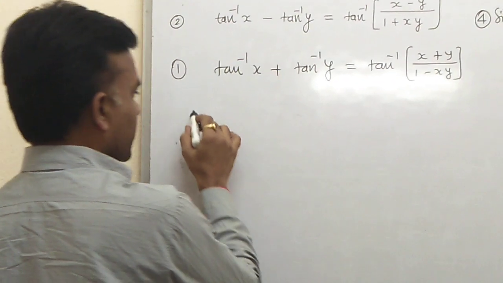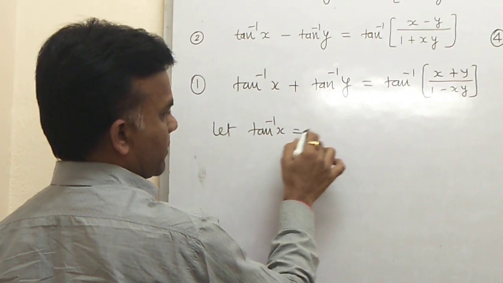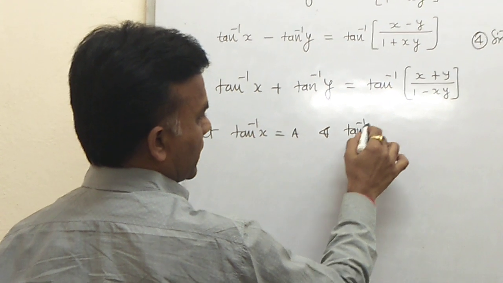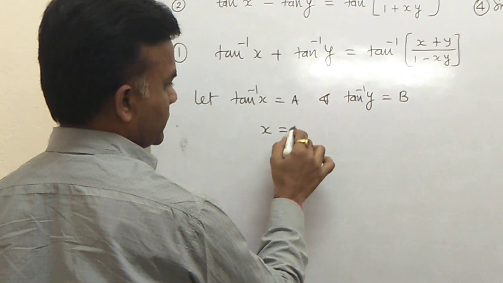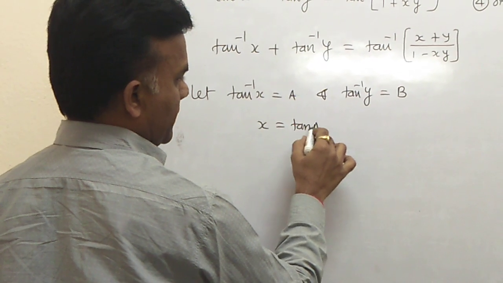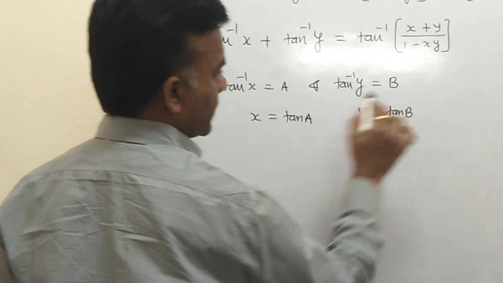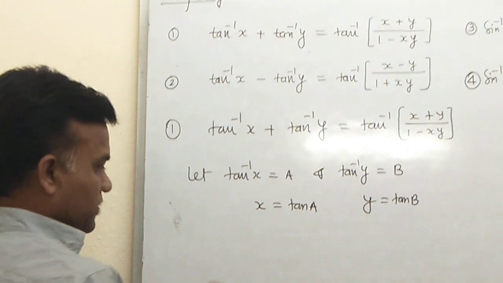First assume tan inverse x equals a and tan inverse y equals b. So x equals tan a and y equals tan b.